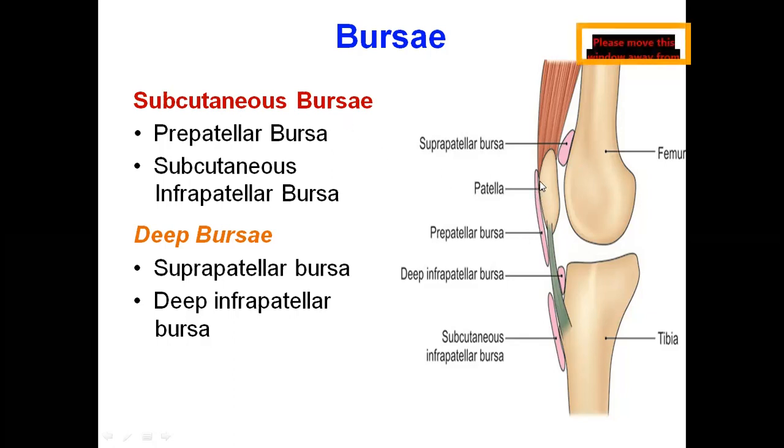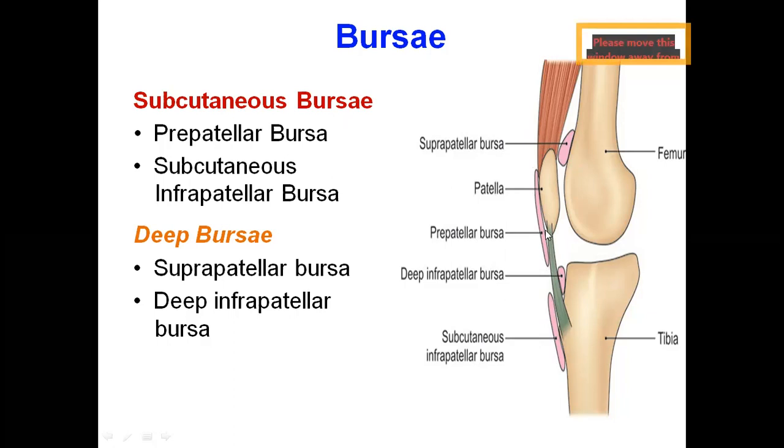Just above the patella, you call it the prepatellar bursa. This is the patella bone, above which you have the prepatellar bursa. Below this, just below the skin and below the patella bone, you have the subcutaneous infrapatellar bursa. These two, prepatellar and subcutaneous infrapatellar, are relatively superficial.